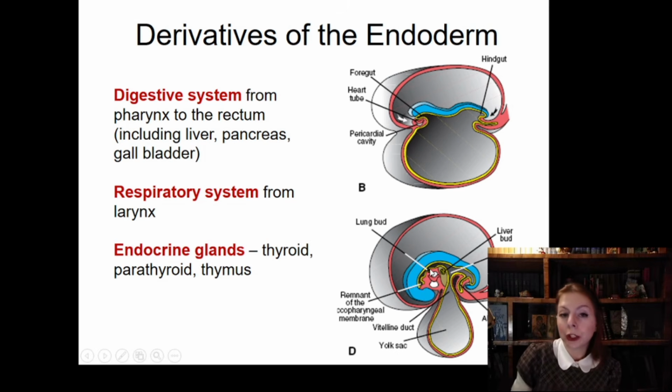Besides, the oropharyngeal membrane is closed and gets opened only in the 4th week of development, while the cloacal membrane opens only in the 7th month of development. So much later, and notice that the digestive tube is closed on both ends early in embryogenesis. So what are the derivatives? Of course, all organs of the digestive system from pharynx to the rectum, including liver, pancreas, and gallbladder, as they are formed as outgrowths.